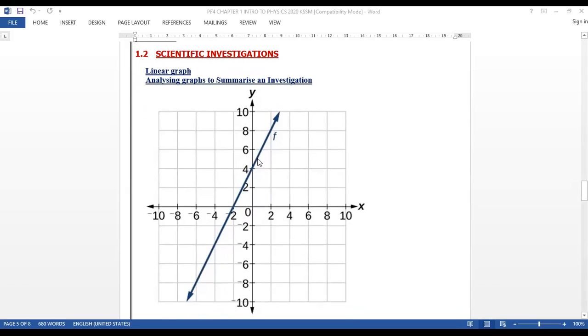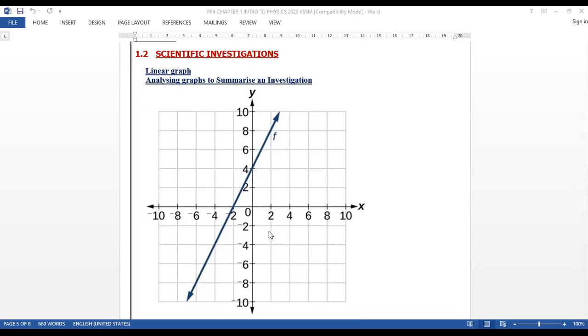This will be very helpful when you collect data, put the data in a table, then later present the data in the form of a graph. Because by looking at the graph, we will understand the relationship between the manipulated variable and the responding variable.